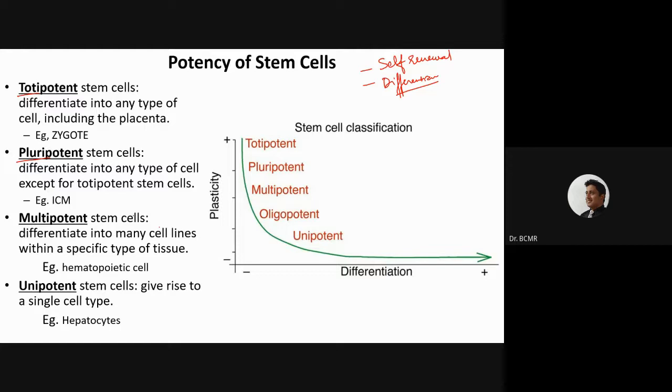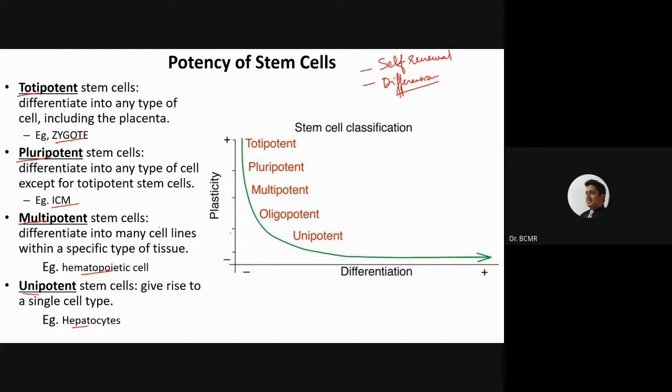And the example for totipotent is the zygote in animal systems. ICM, inner cell mass, is the example for pluripotent. And multipotent means they can give rise to many types of cells. One example is the hematopoietic stem cell, and unipotent is hepatocytes.